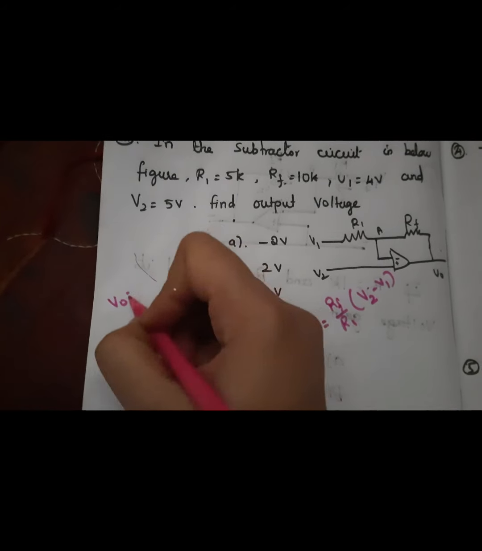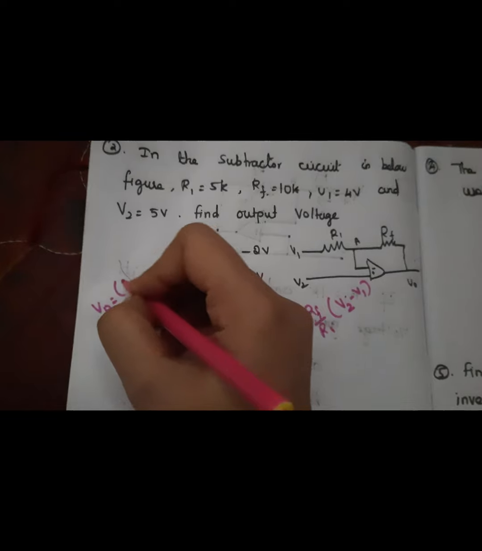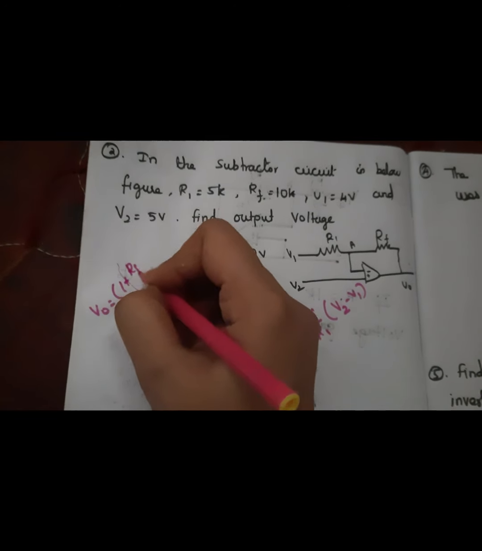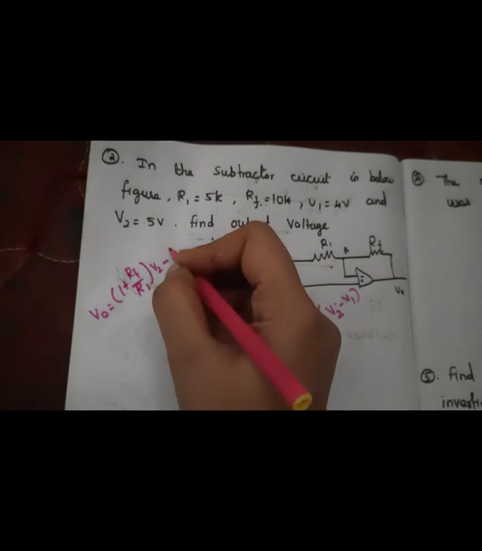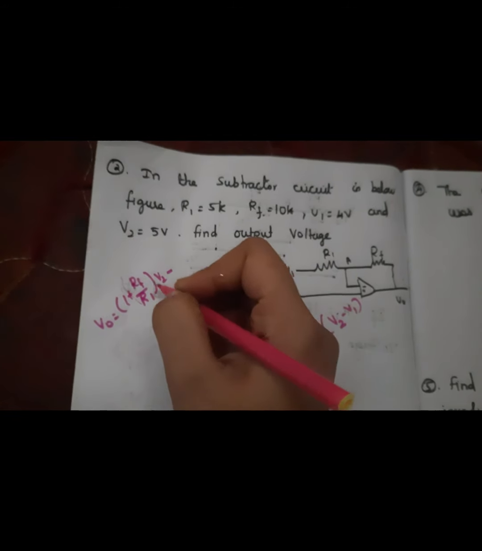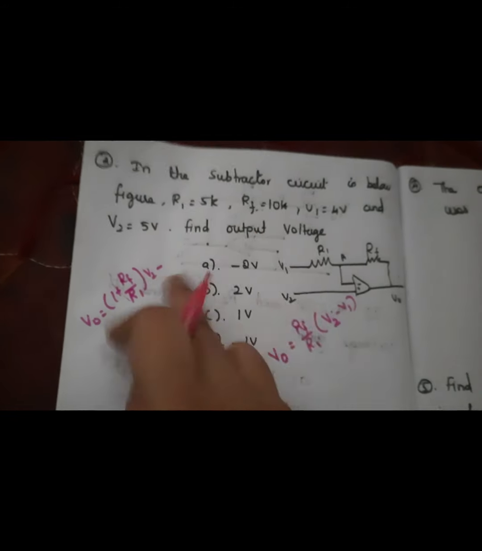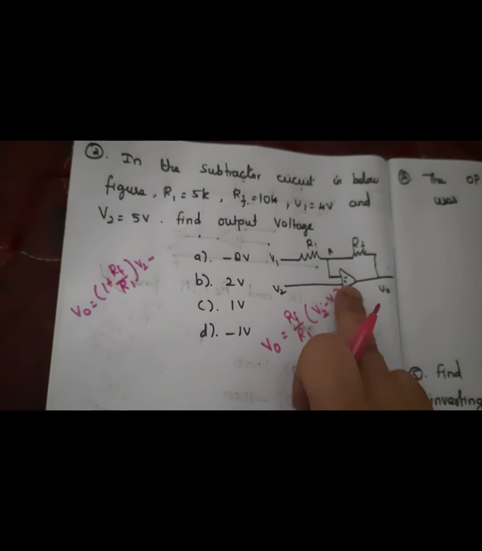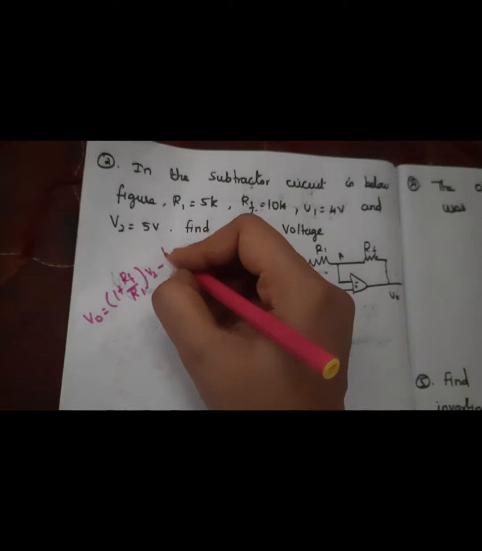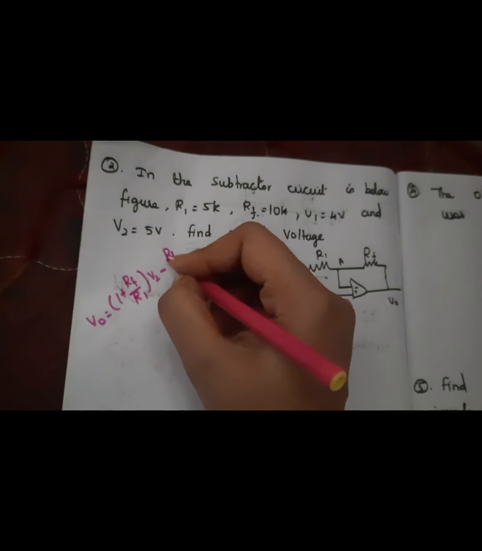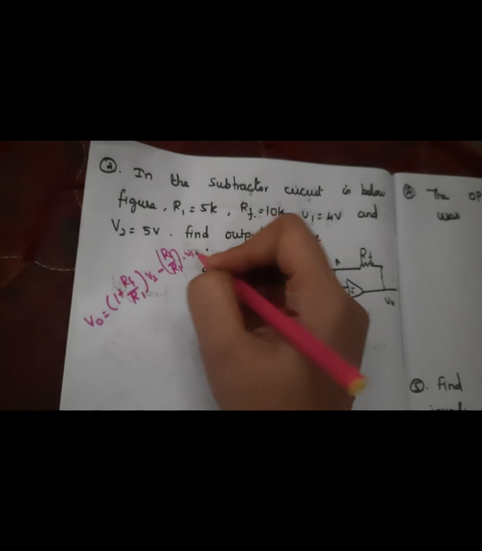Another formula also there, that is V0 is equal to 1 plus RF by R1 into V2, and this is connected to the non-inverting terminal, and this one is the inverting terminal, so that is minus RF divided by R1 into V1.